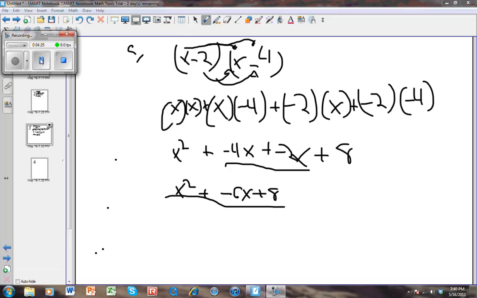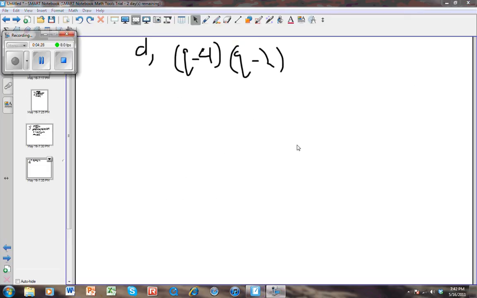Question C. Okay, so D. q minus 4, and then q minus 2. We're going to do what we've been doing the whole time: q times q, then q times negative 2, then negative 4 times q, then negative 4 times negative 2.